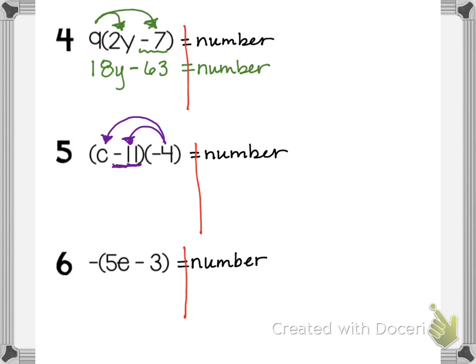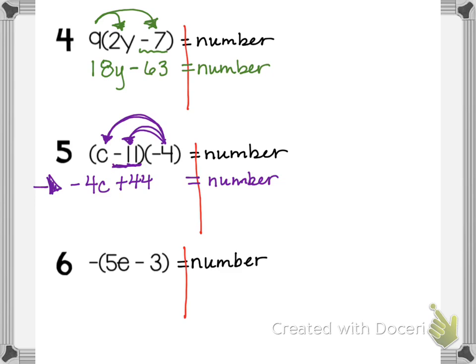So negative 4 times c is negative 4c. Negative 4 times negative 11 is a positive 44. And then that would equal some number over here. And two-step equation. Just what I want. Now I can solve.